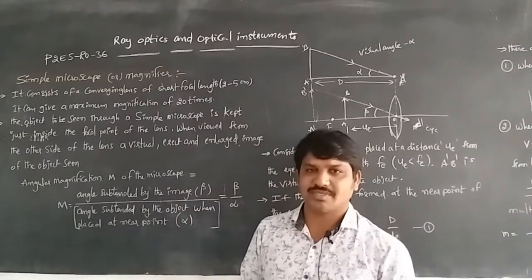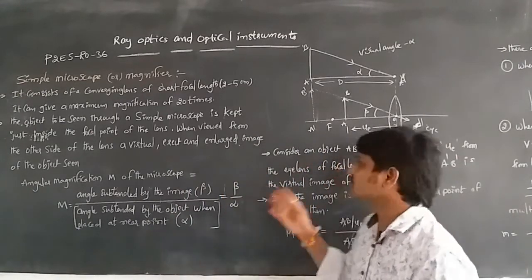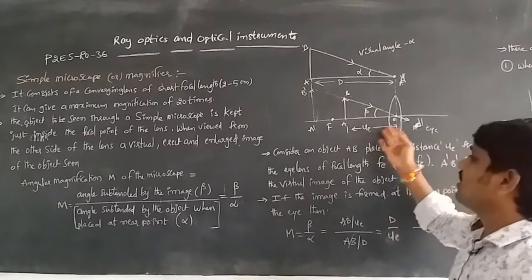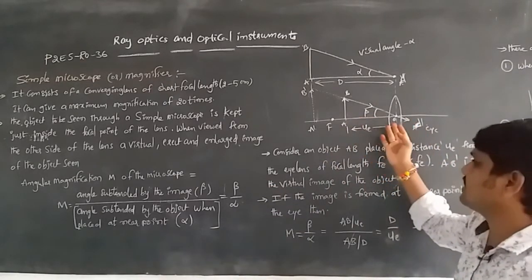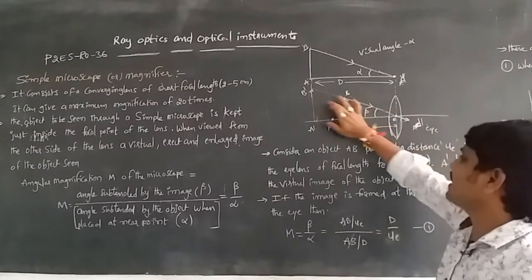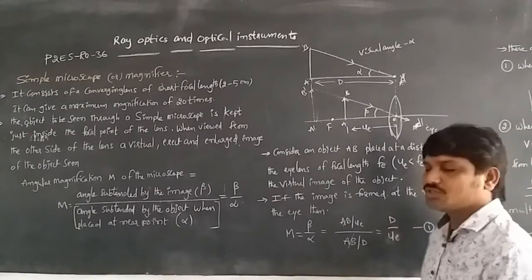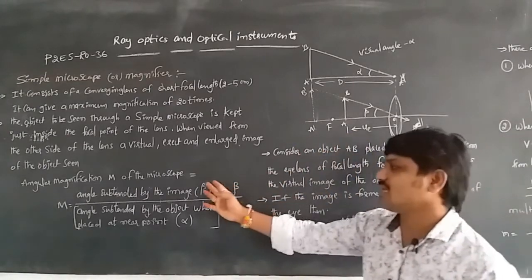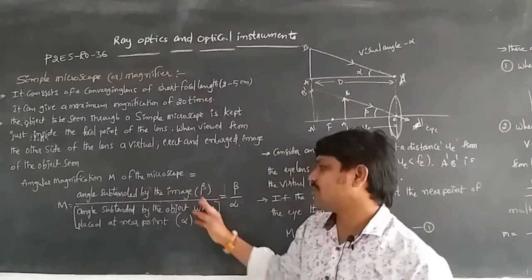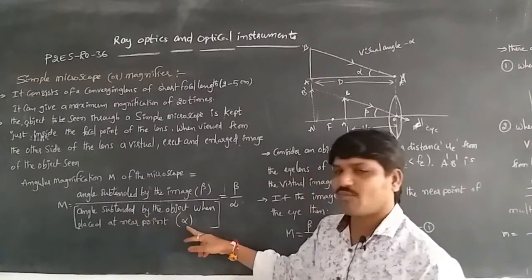When the object is kept just inside the focal length of the lens and viewed from the other side, an erect, virtual, enlarged image is seen. So the angular magnification is the angle subtended by the image, beta, by the angle subtended by the object when placed at the near point, alpha.